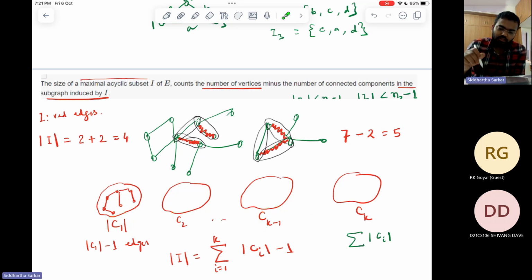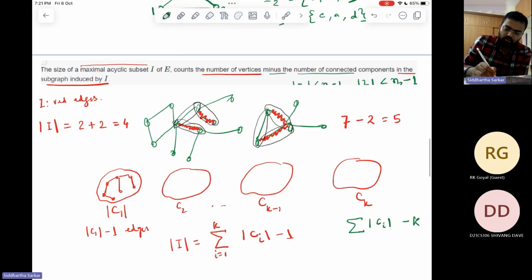How many connected components? K. So if we subtract the number of connected components, this thing minus K. For every term there is a minus 1, so minus K.